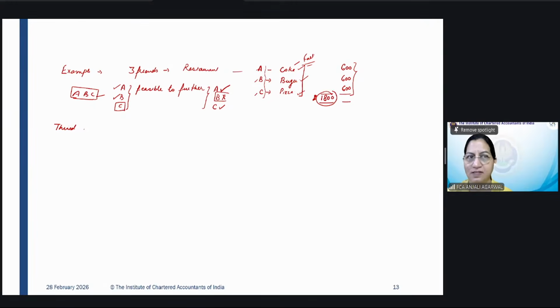So if the post-separation cost for one product is missing, that doesn't mean the question is wrong or that something is missing. It is possible that C is not further processable, or that the final decision is that it's not advisable to process B further. Let's sell B as it is.